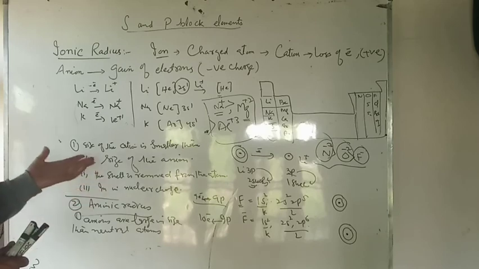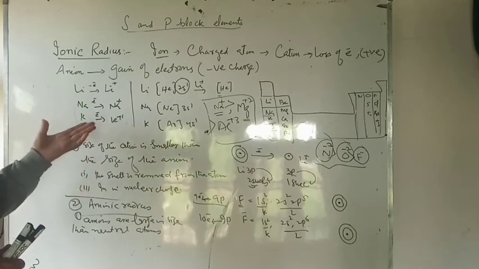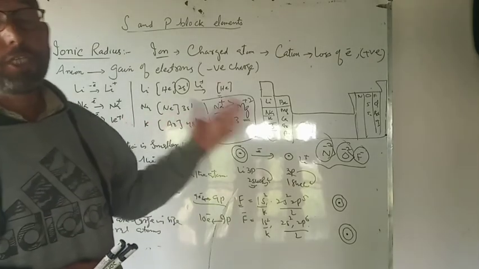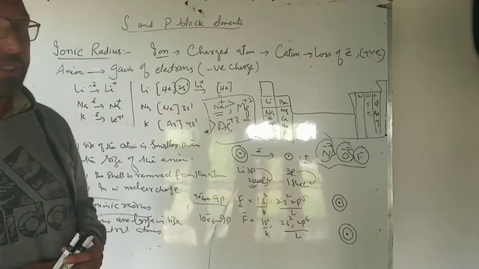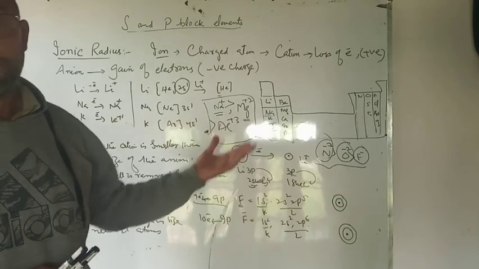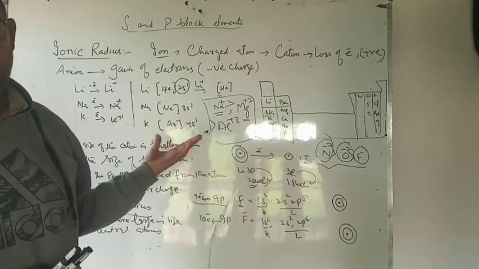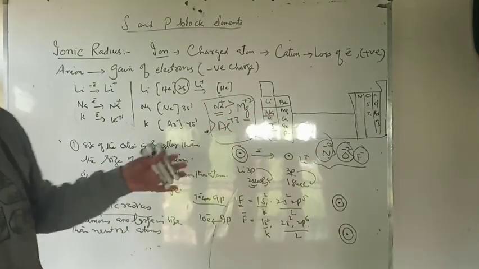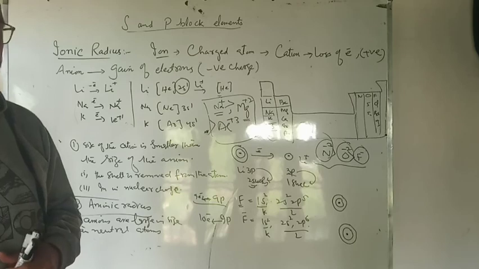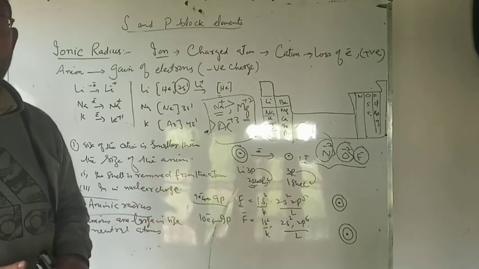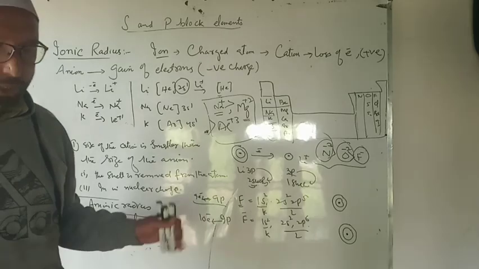Since we are studying the periodic table in detail, as I told you in the beginning, we will study s block and p block, then d block and f block in 12th class. S block and some p block elements we are discussing in 11th, and other p block elements in 12th class. This is why we are carrying a joint class for these lessons. As soon as we complete these individual properties, we will go for individual classes.